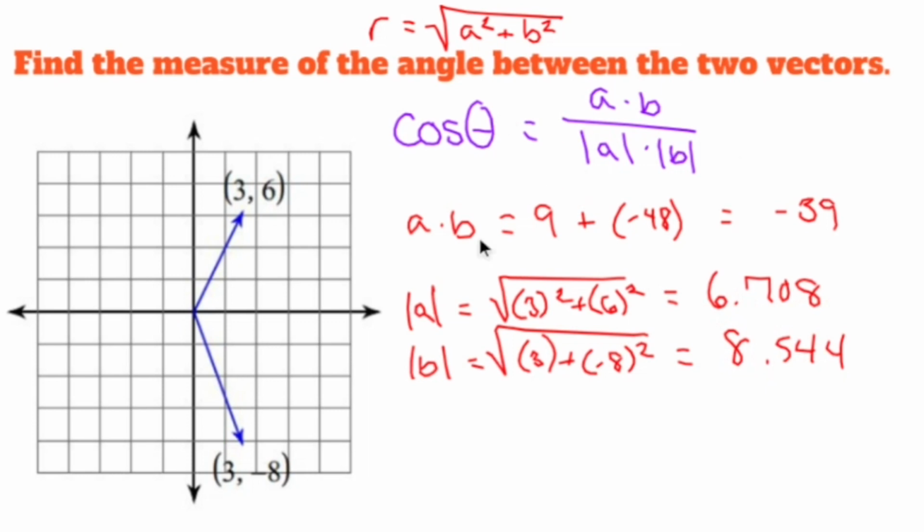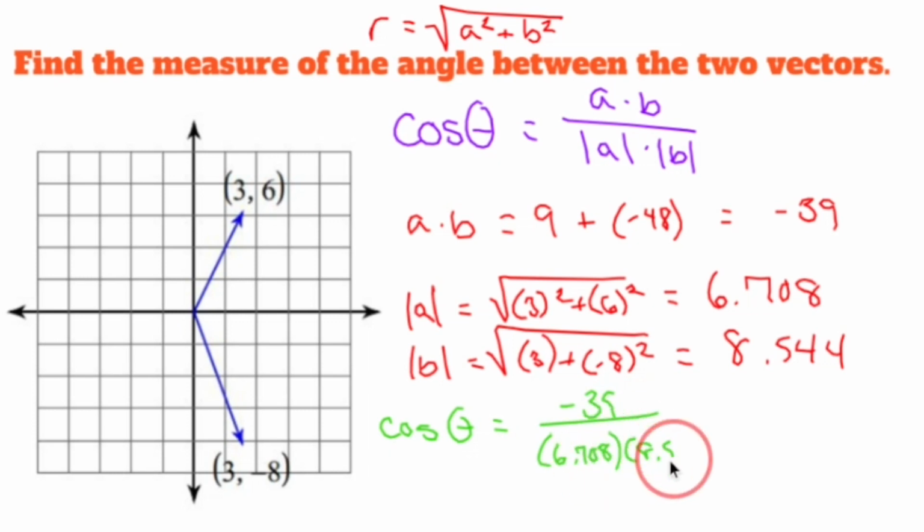Now that I know all this, I can plug it into that formula. So cos theta is going to equal negative 39 over 6.708 times 8.544.